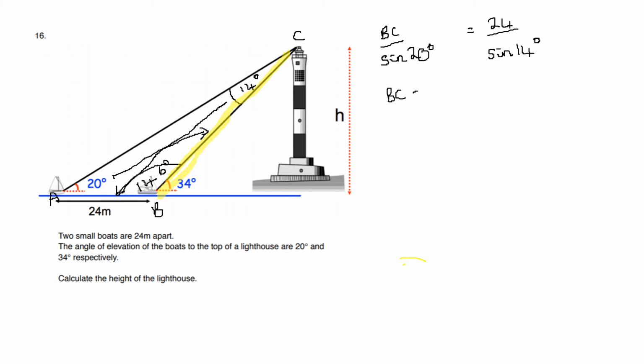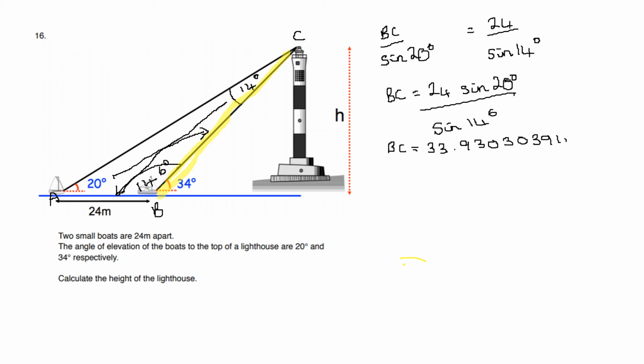So we're going to get BC is equal to 24 sine 20 degrees over sine 14 degrees. And that's going to give us BC as equal to 33.930 meters. I'm going to use that in the next part.